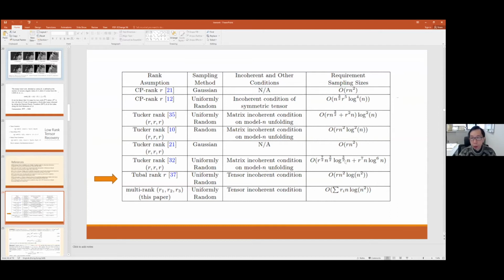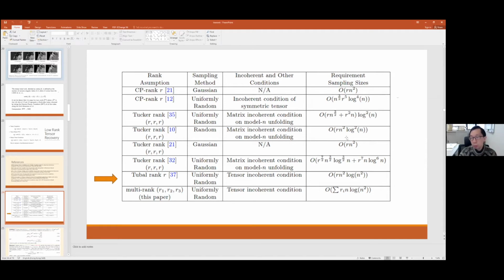For example, even though this is an NP-hard problem, suppose the CP rank is R. It is not arbitrary: assume the underlying CP rank is R. Then what sampling size is required to recover it under this sampling method and the incoherence conditions? There are also results for the Tucker rank, from other existing papers.